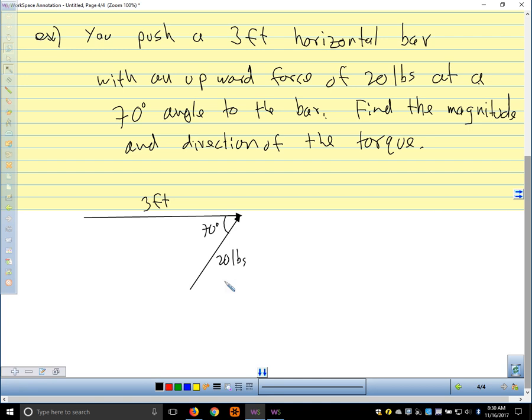So there's our diagram. Maybe the end of the bar is in an awkward position, and we can't get quite the angle to push at a 90-degree angle. So we're limited to pushing at a 70-degree angle. There's a shelf in the way or something. Who knows? A 3-foot bar is a pretty long bar, though.